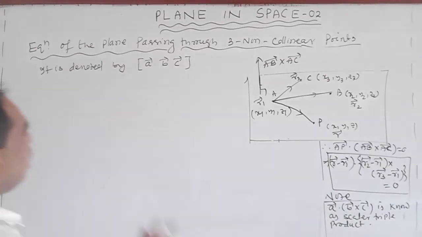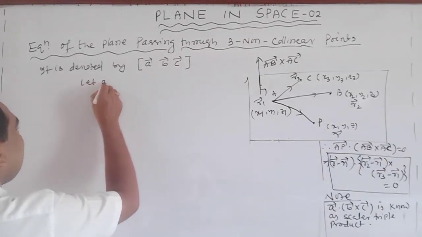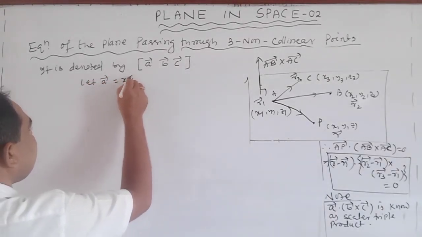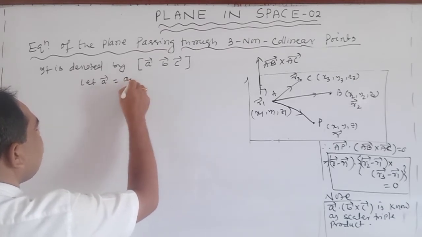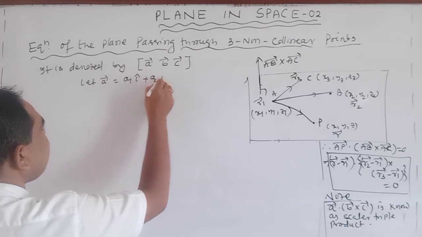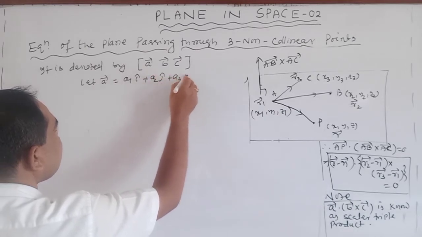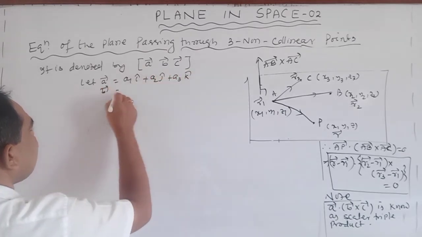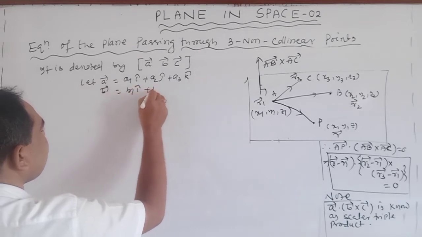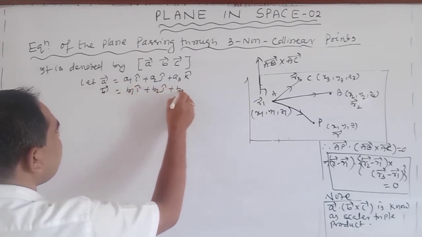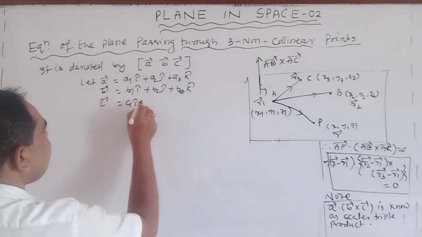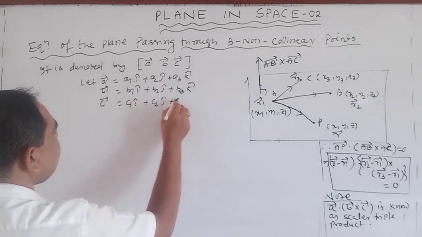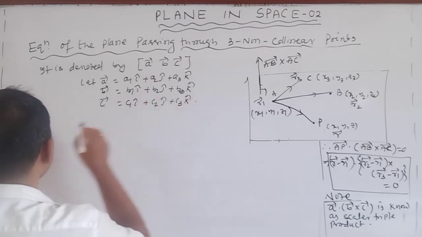Okay, अच्छा, let a vector be equal to a1 i cap plus a2 j cap plus a3 k cap. B vector is equal to b1 i cap plus b2 j cap plus b3 k cap. C vector is equal to c1 i cap plus c2 j cap plus c3 k cap.